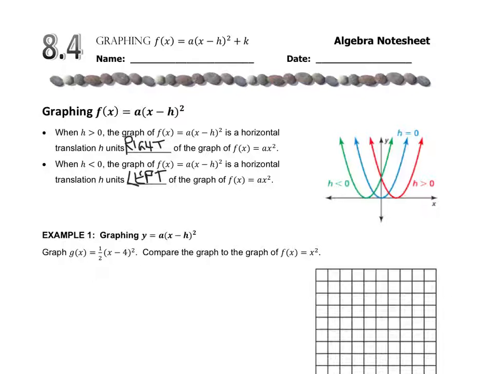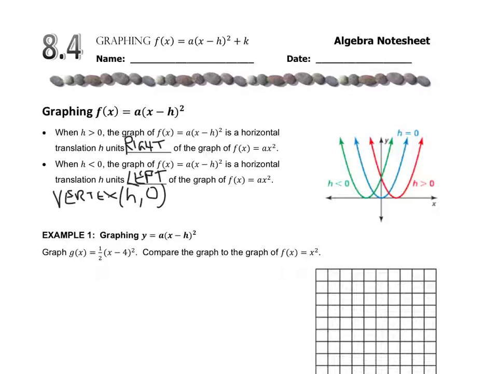The other thing to note here is the vertex of this will be whatever the h is, comma 0. So if the h going in, for example, was 3, then my vertex in this form would be 3, 0.